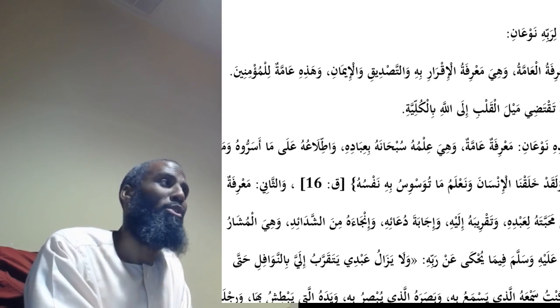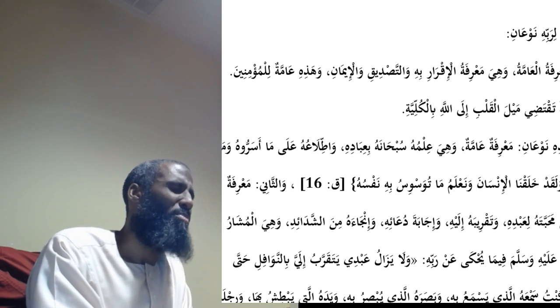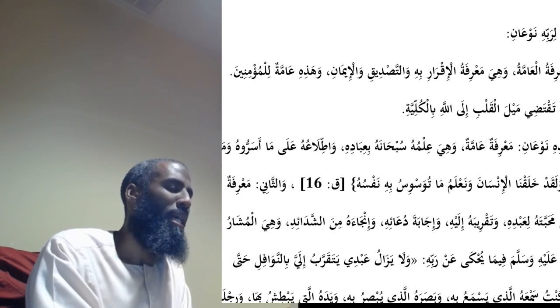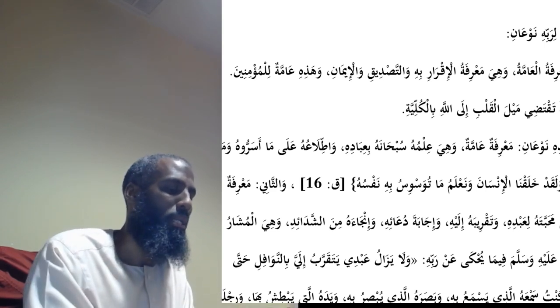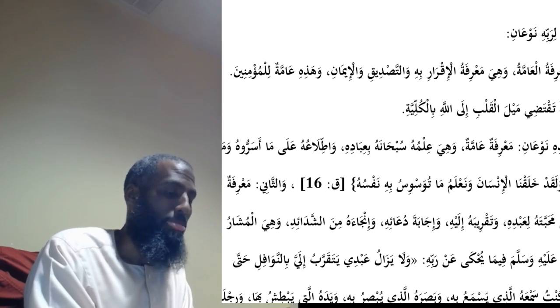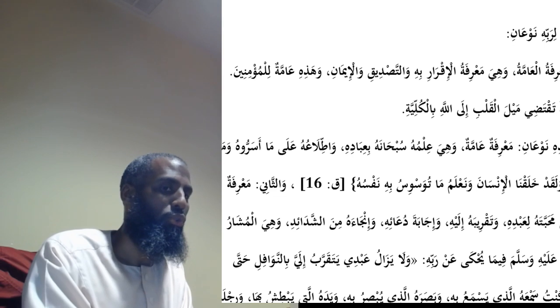Alright, we know what mahabba is, right? Mahabba is love. This specific type of ma'rifah that Allah has with respect to his servants necessitates love, Allah's love for that particular servant.